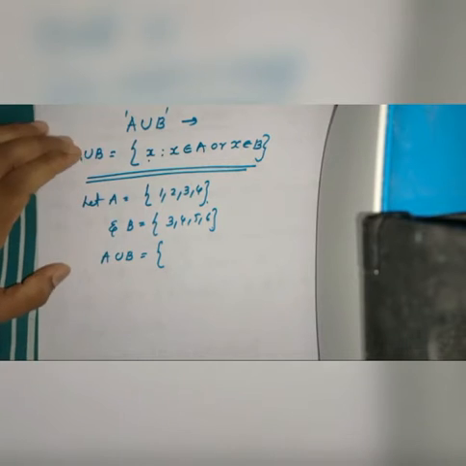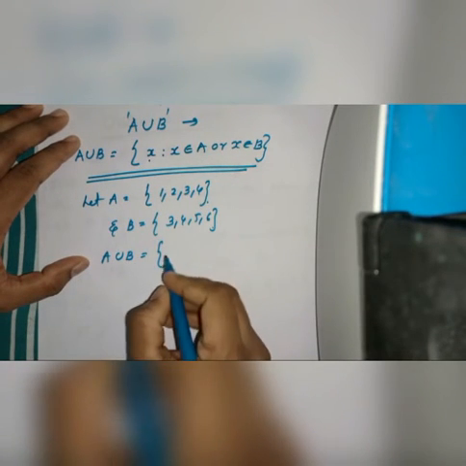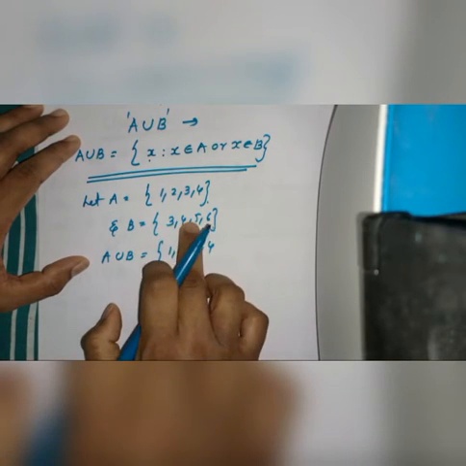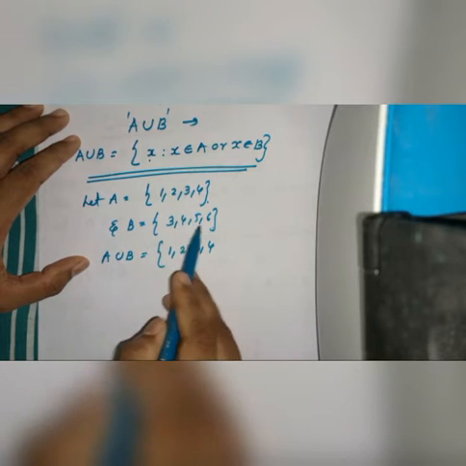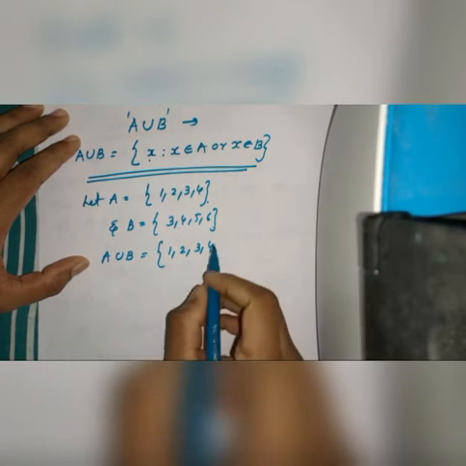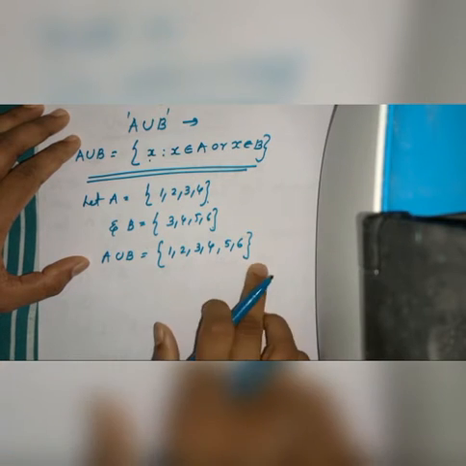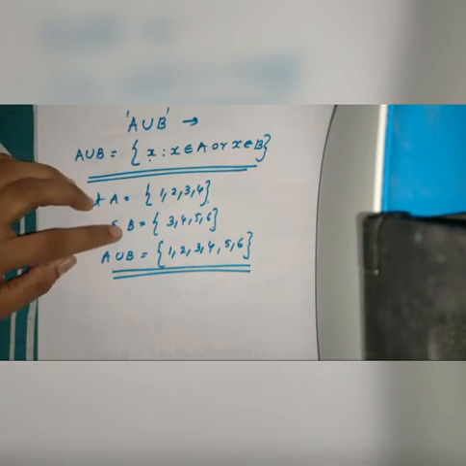The elements of A are 1 2 3 4, and the elements of B are 3 4 5 6. 3 and 4 are common to both A and B, so we write them only once, and the other elements are 5 and 6. So this is the union operation on the sets A and B.